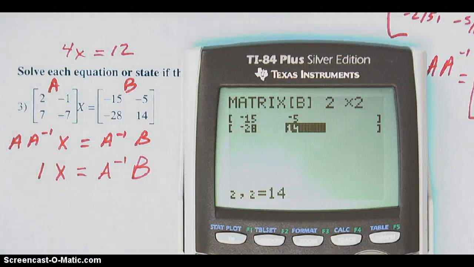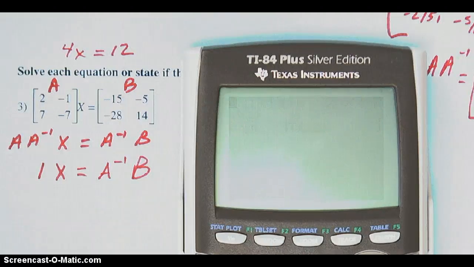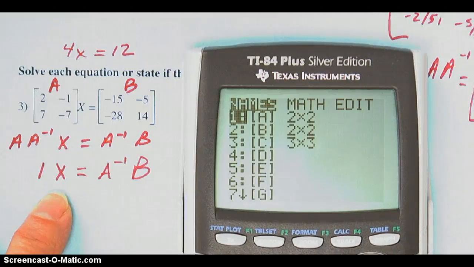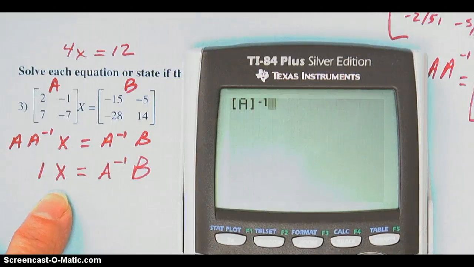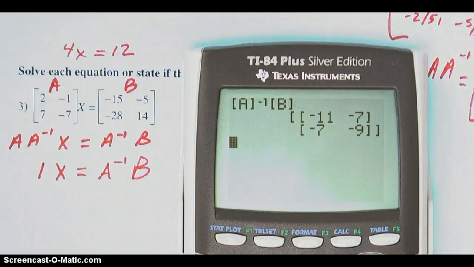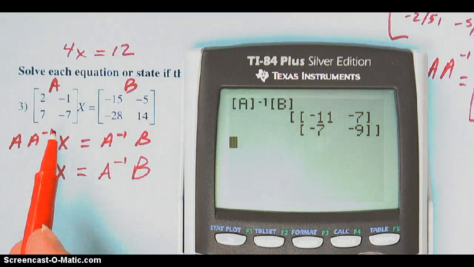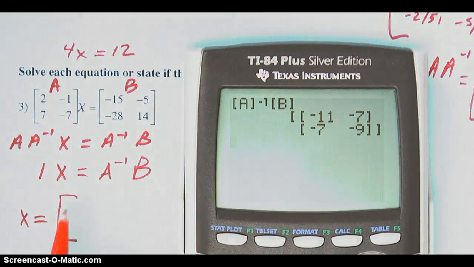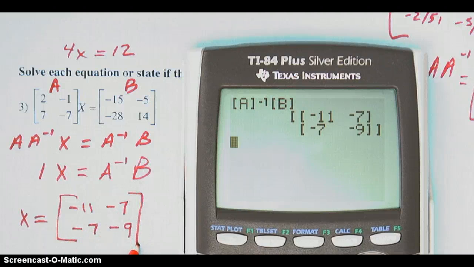Again, we want to solve for x. So what we're going to do is multiply both sides by A inverse. So x will equal A inverse times B. If I multiply A by that matrix, the solution for X will be a 2 by 2 matrix.